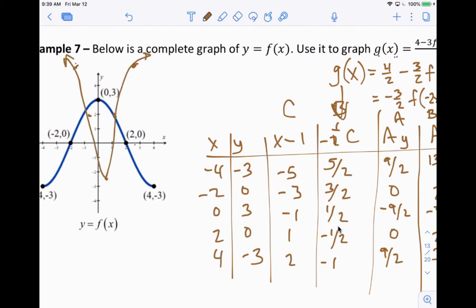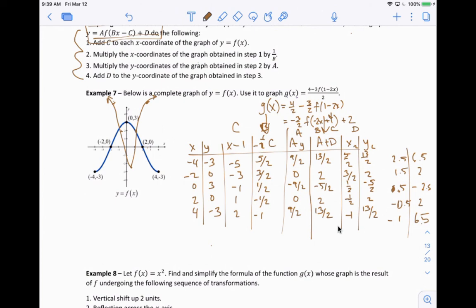Wow, that is so different than our original function, right? But let's look at these things. It was multiplied, so it was stretched twice. It was inverted by a negative. It was moved up 2 and to the right a couple spaces. All right. Looks good.